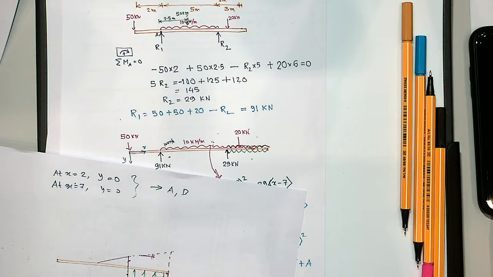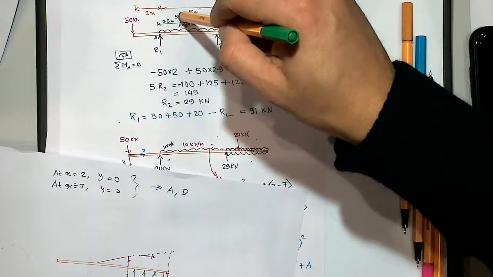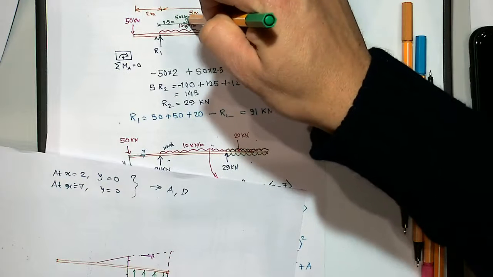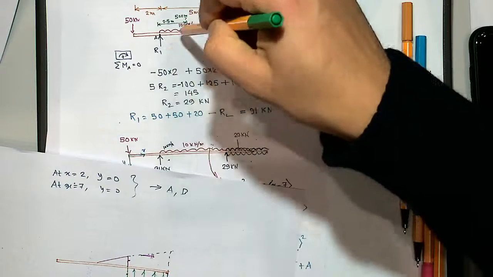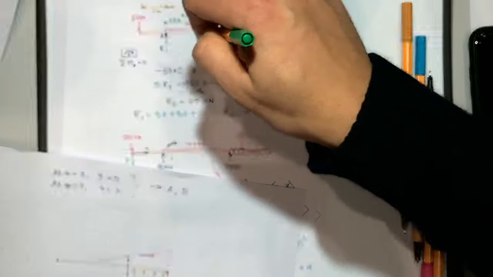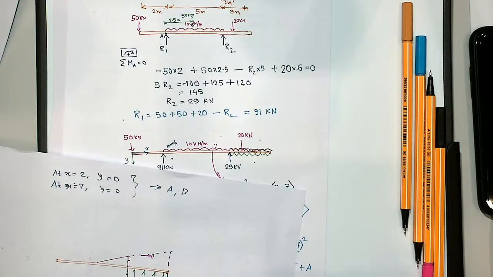Exactly like this sort of case, when I'm calculating the reaction force, I can take that as a 50 kN load. But when I'm calculating the bending moment, I have to go back and take the nature of the force as UDL. Otherwise the deflection pattern would be different and the stresses would be different. For equilibrium, that's fine.